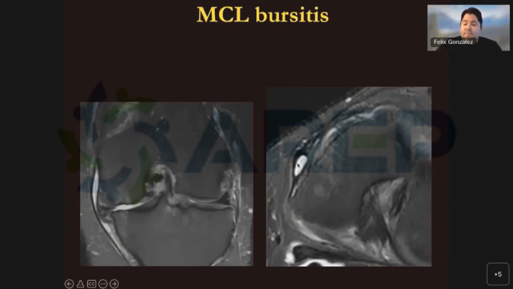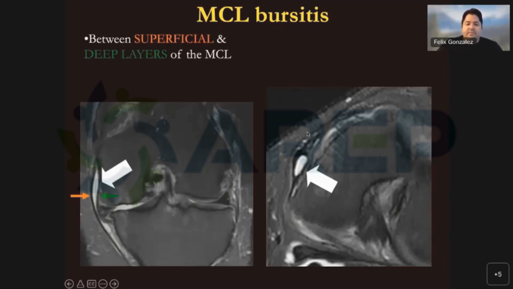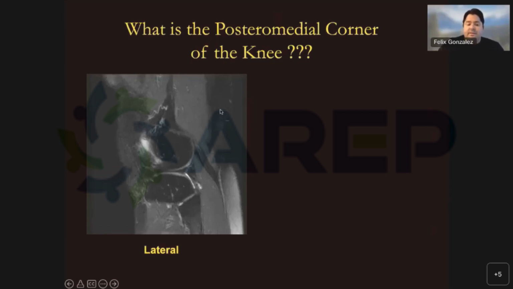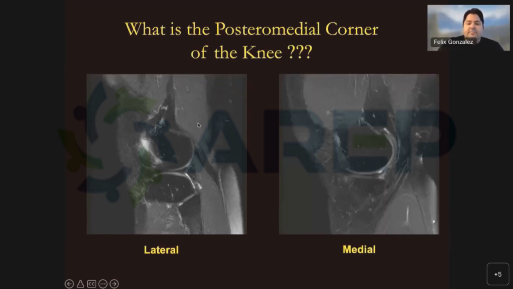When you have fluid within that space, that's referred to as MCL bursitis. Usually it's continuous, and when you continue down into the distal aspect of that compartment, it can continue on with the pes anserine bursa, which you can see down here.